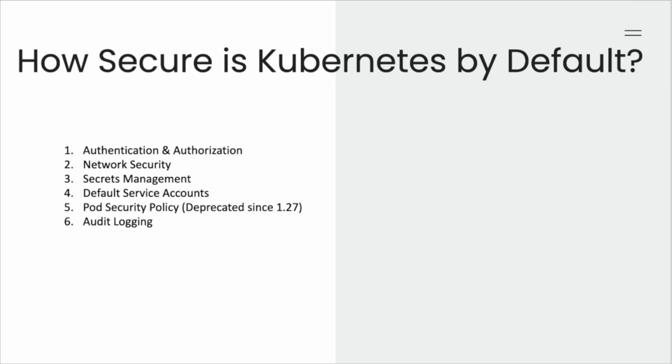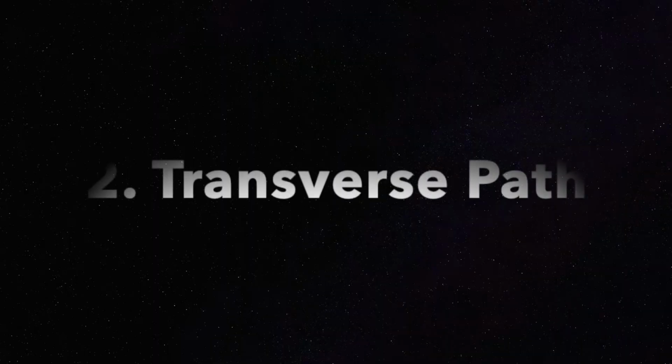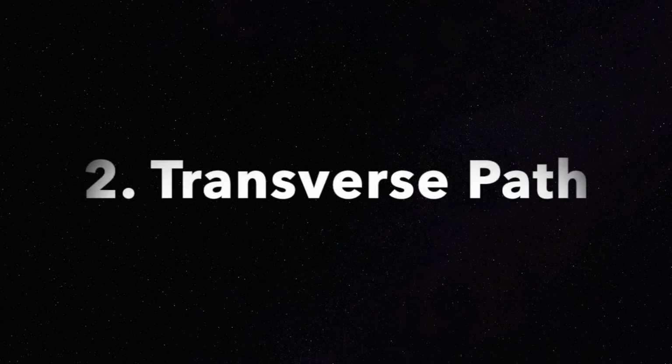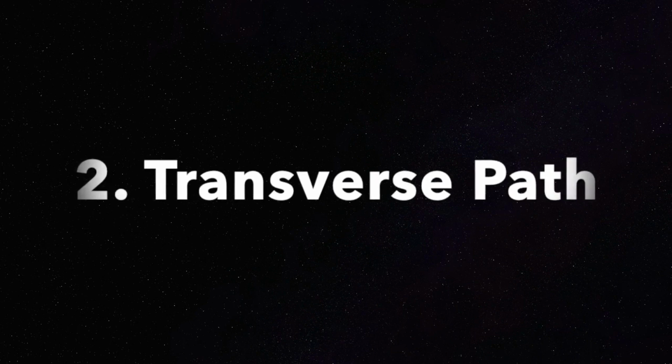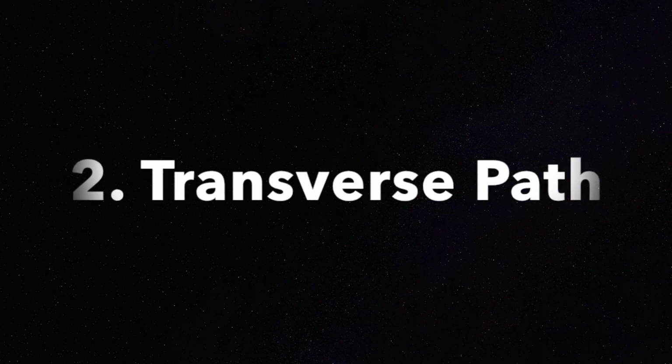So now let's talk about traversal paths. How exactly can attackers walk through the channels, so that we can talk about where and what to implement. In Kubernetes security, a traversal path would be a vulnerability that allows an attacker to access or walk through sensitive parts of the systems that they shouldn't have access to.